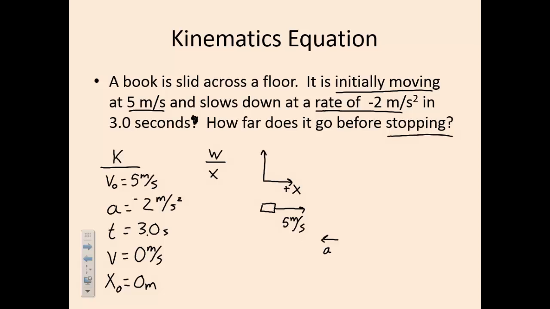So the acceleration is going the opposite direction of its motion. It's directed in the negative direction, and the acceleration is -2 meters per second squared. How far does it go before stopping? Okay, I'm quickly going to go to the next page, so I have somewhere to write this stuff down.